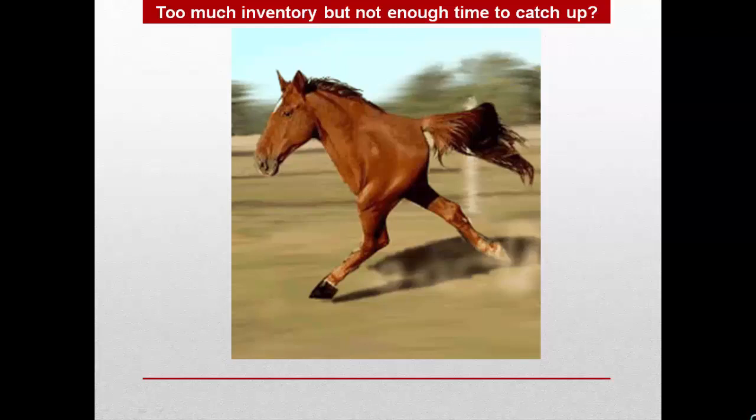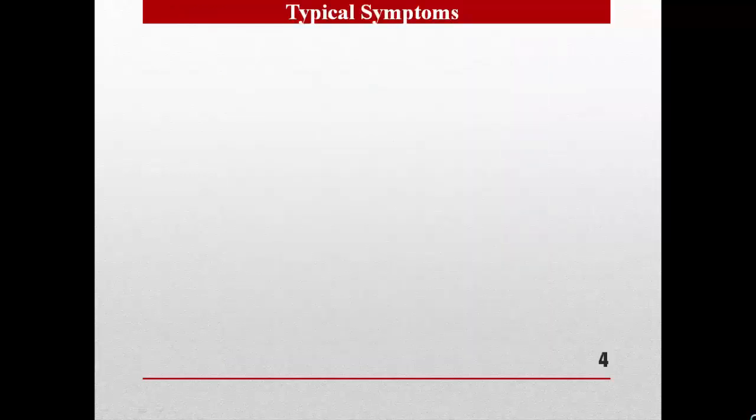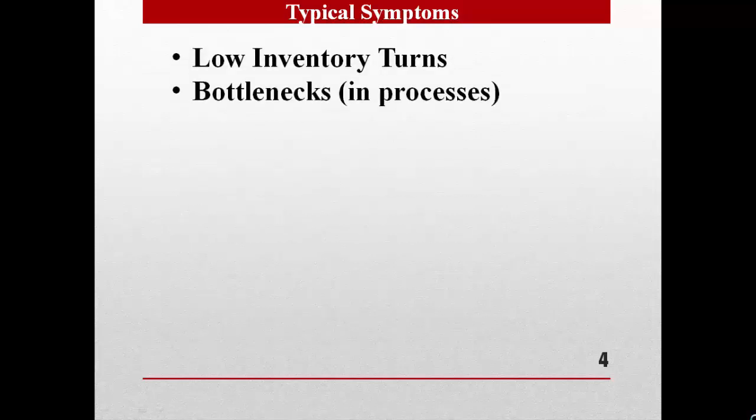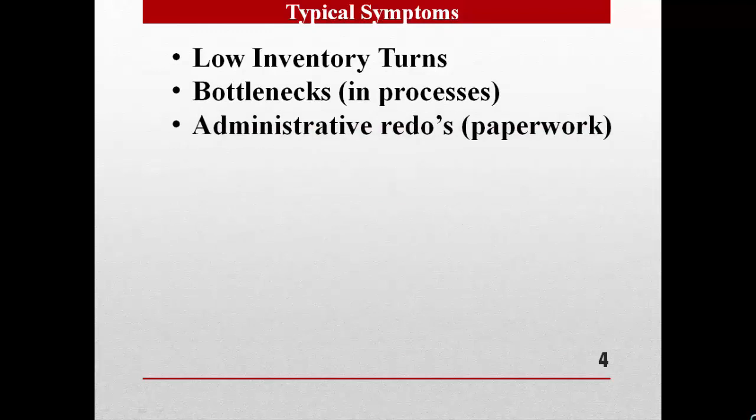One of the problems that you're going to be able to see, and I'm going to show you pictures of it in a minute, is this inventory issue. So what we want to get at are companies with low inventory turns. I'll show you how to measure that. We want to get at these bottlenecks in processes. We want to make sure that our administrative paperwork, and the different kinds, don't get piled up.